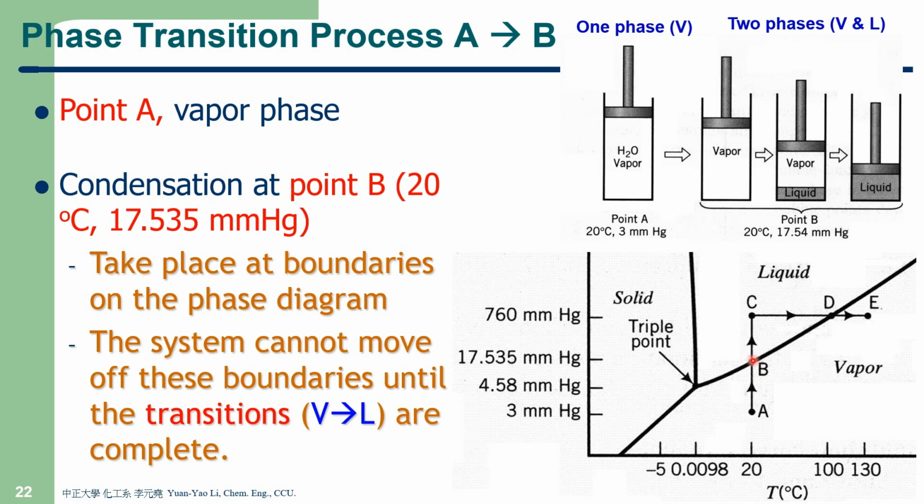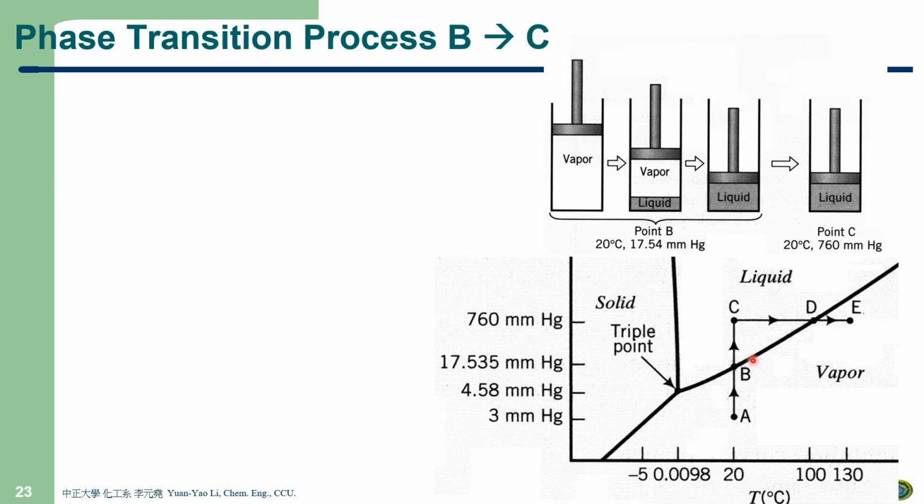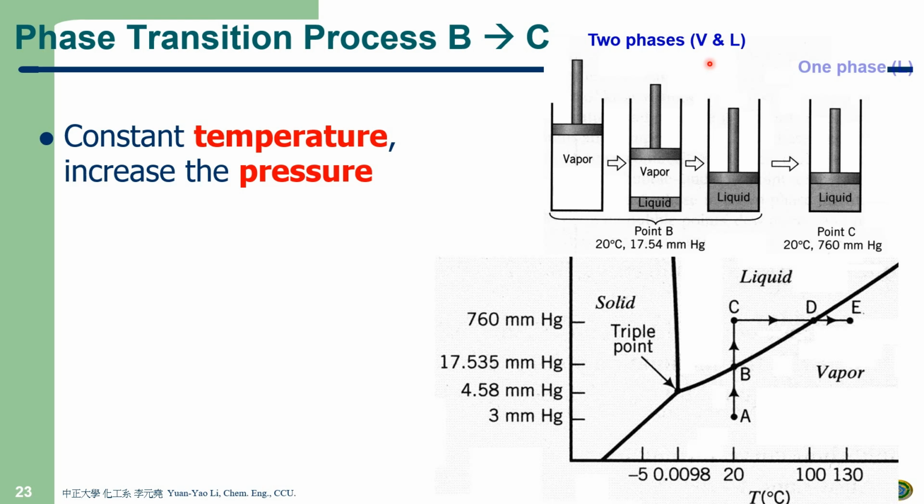And what happens if you move from B to C? So from B to C is two phases, right? If you keep on pushing, the last vapor molecule is still here, and then it starts to become one phase. So from two phases it becomes one phase. At constant temperature, you increase the pressure from 17.535 millimeters of mercury to 760 millimeters of mercury. It's still liquid, but the pressure in this liquid increases.